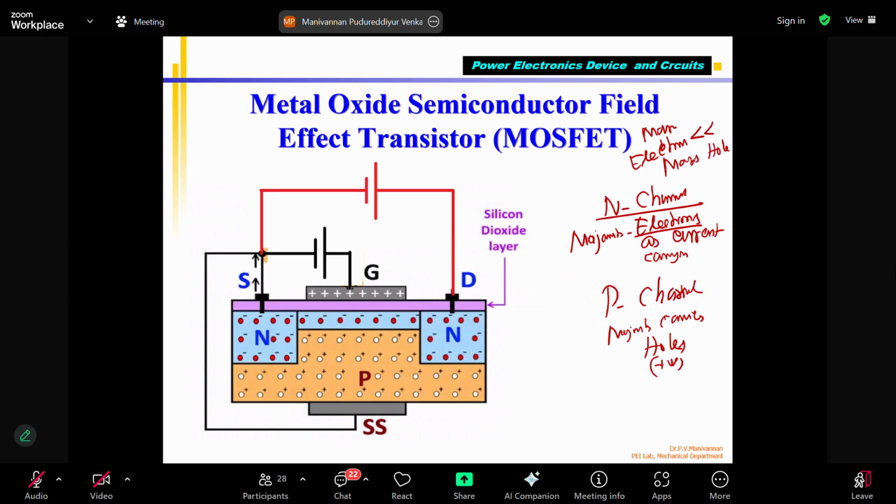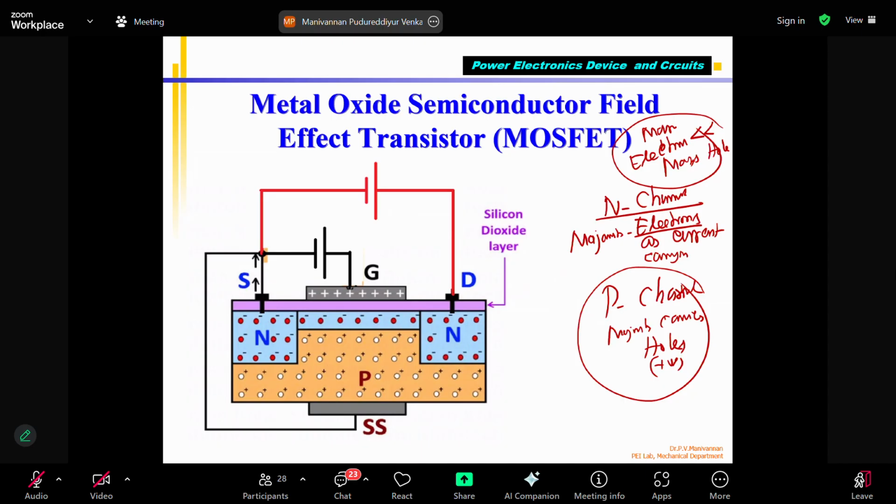In a superconductor, with zero resistivity, the speed of the electron is 3 into 10 power 8 meters per second, about 3 lakh kilometers. In the case of holes, the speed will be approximately two times lesser.